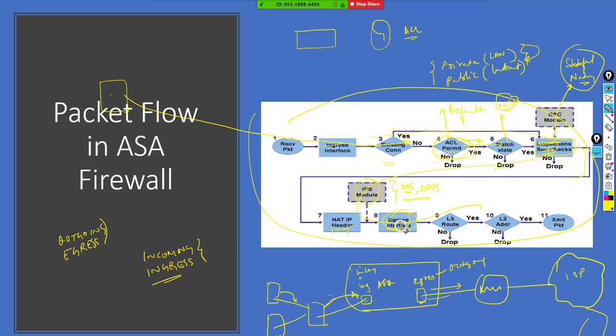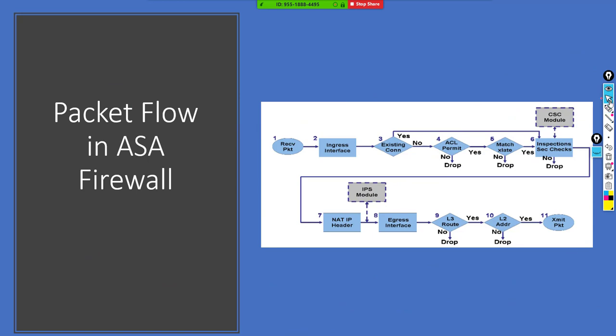It will be sent to the outgoing interface, and from the outgoing interface it will see the routing table and the layer 2 header, and then it will be transmitted to the router. The router will see its routing table, something which we learned in the previous class, how a router makes a decision with the help of the routing table, and then it will be sent to the ISP cloud. So this is the internal flow of these hardwares, which we are going to do practically in future classes.